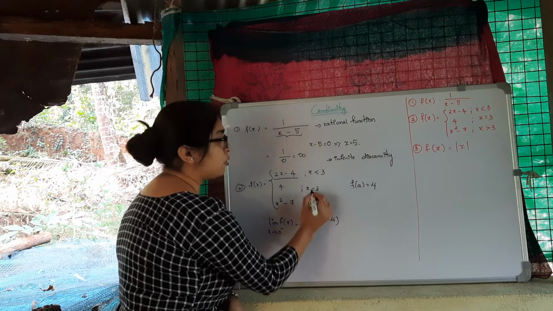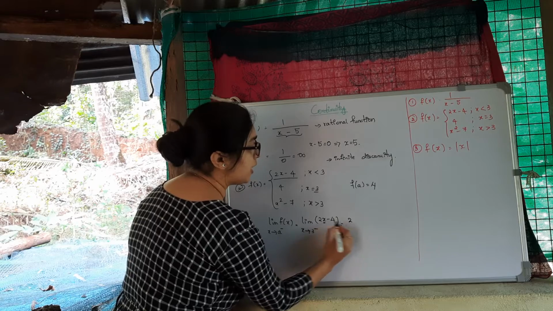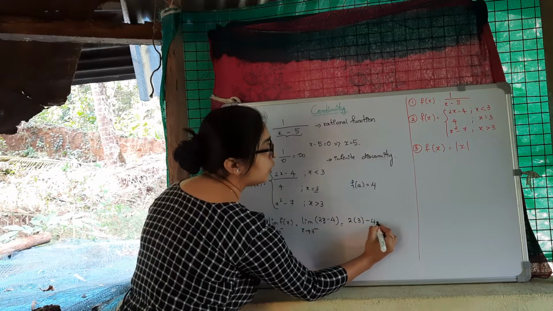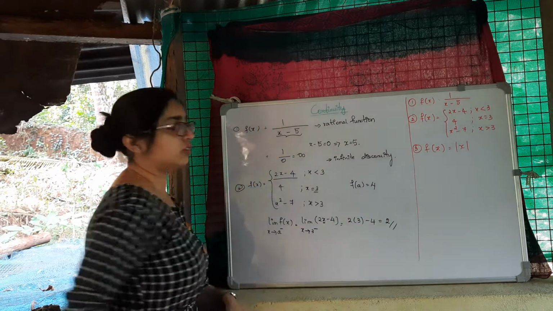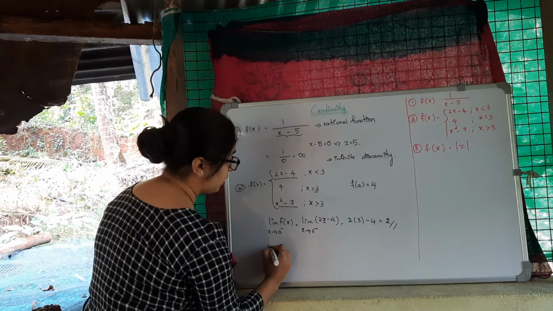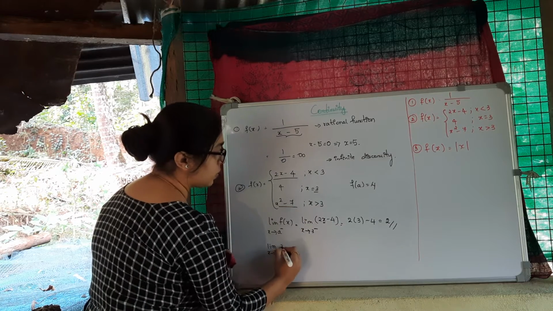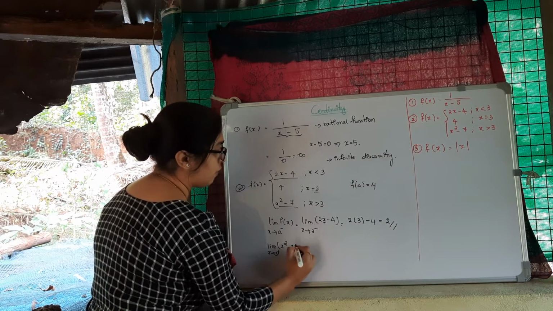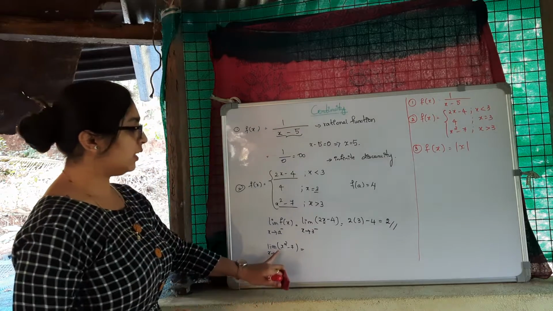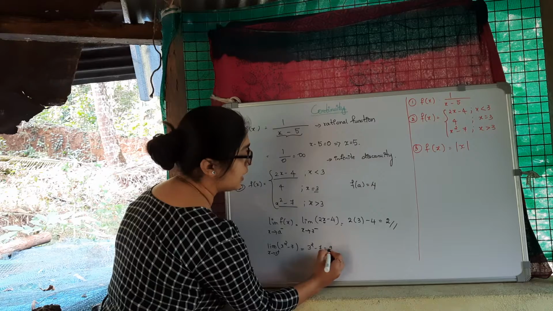Substitute x is equal to 3 now, you will get 2. Now if I consider the right hand limit, x square minus 7 is the function f of x. Substituting 3 square minus 7, so that is 2.